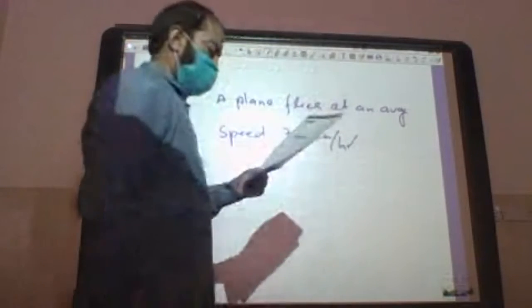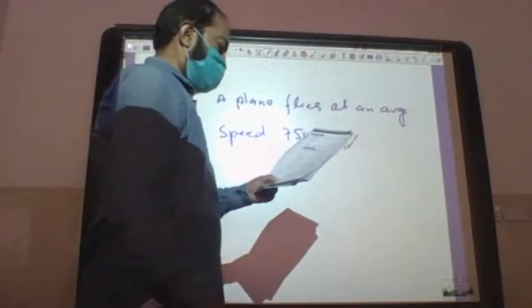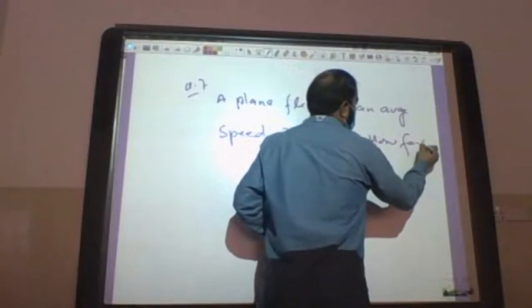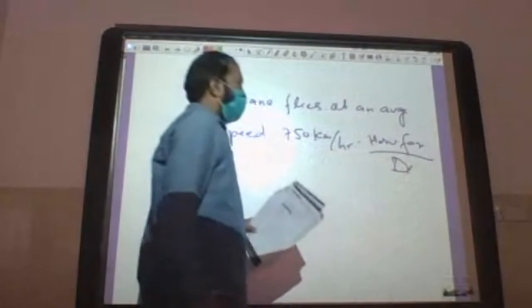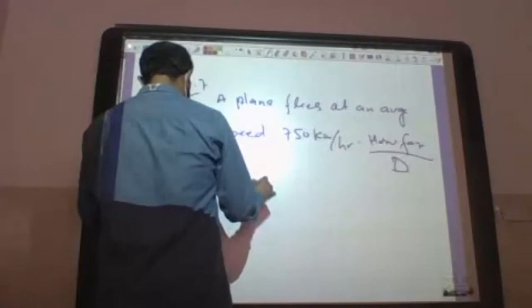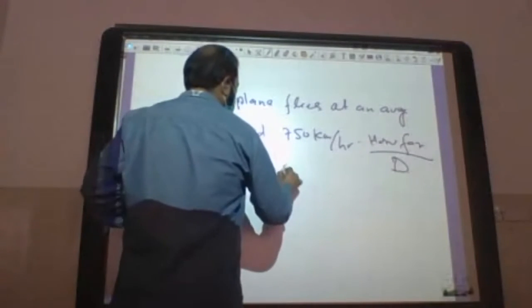This is the speed of the aeroplane. How far means, of course, distance. I need to find it. The question is: in 25 minutes. Solve it in 25 minutes.